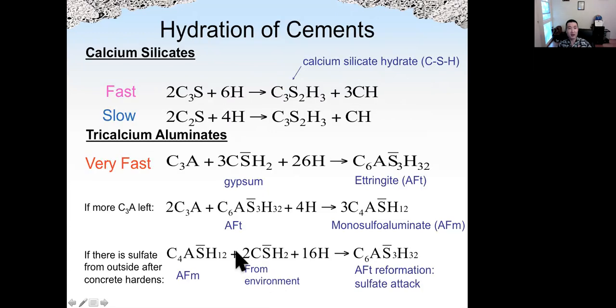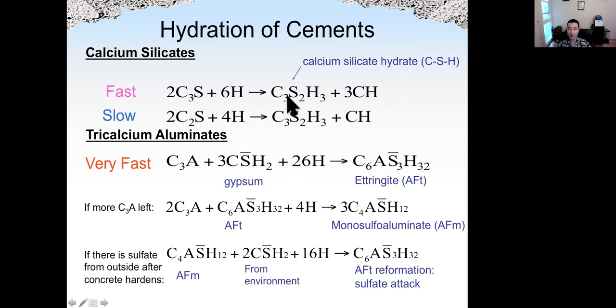All right, here is an important slide showing the chemical reactions for different compounds. Remember, we have C3S, C2S, C3A, and C4AF. So let's look at C3S. C3S will react with H, where H here is water.